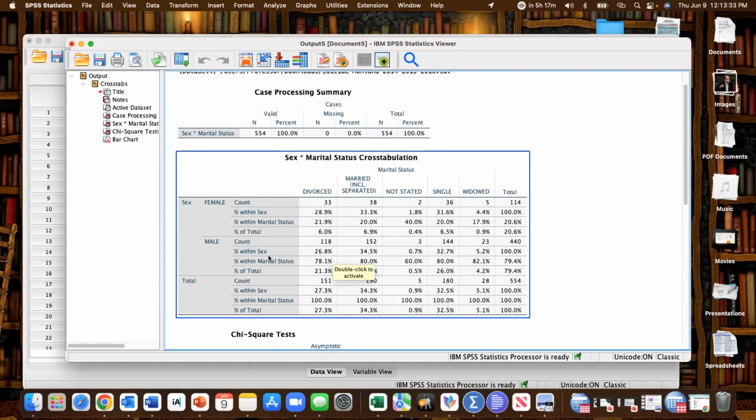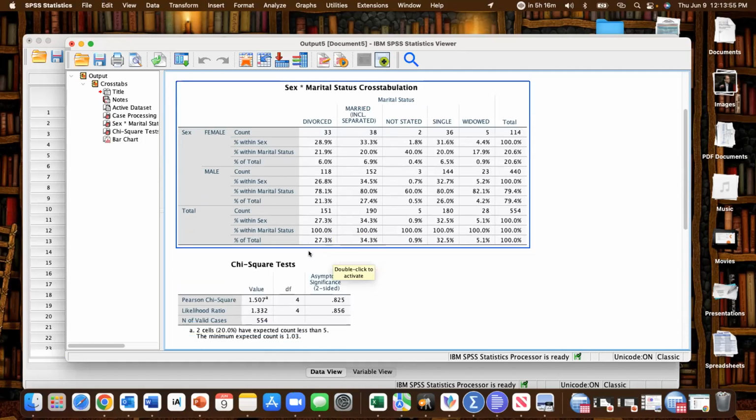For males, we can see that 26.8, about a quarter of them, were divorced. And then a percent within marital status is comparing females to males: of females and males that completed their suicide, 78% were male. And again, if we come down here on our within column, it should always come up with 100%.